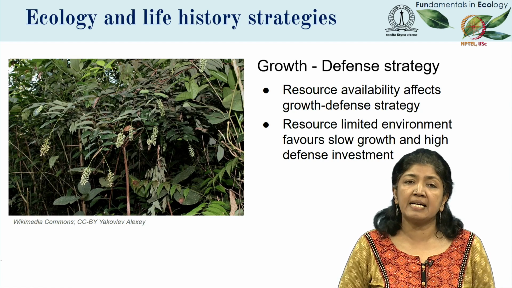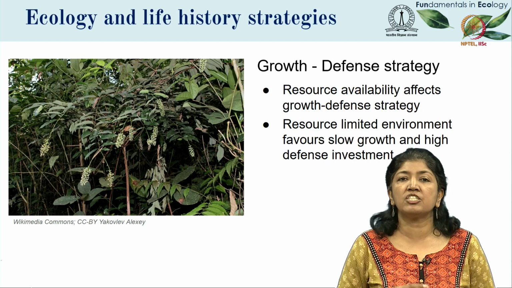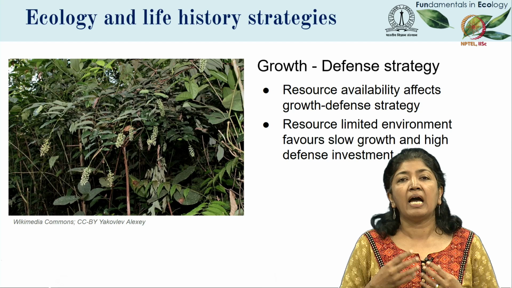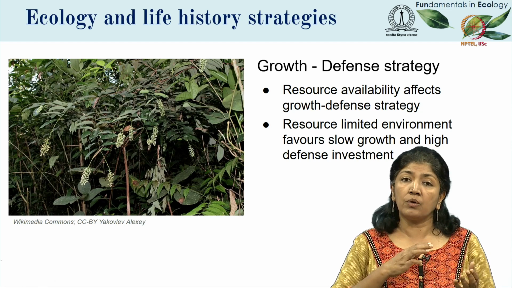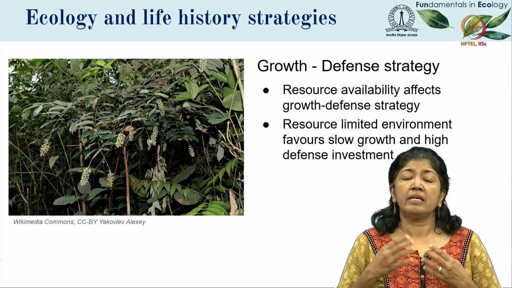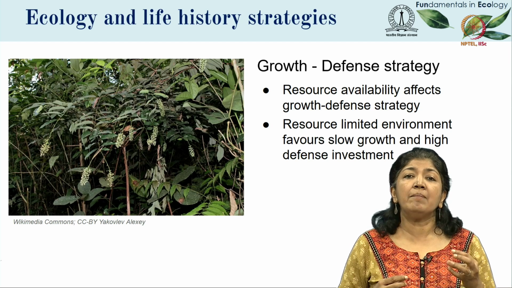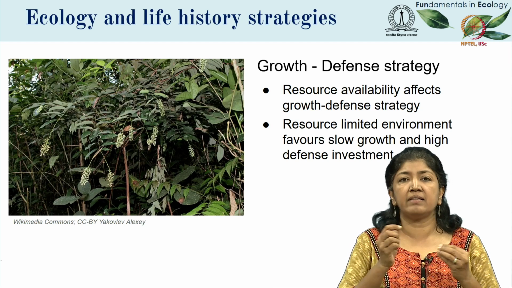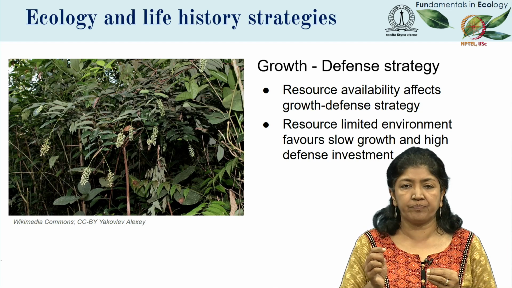As a final example of how ecology can shape life history strategy, I had talked to you about growth defense trade-offs in plants. Research has shown that resource availability can affect this growth defense strategy.